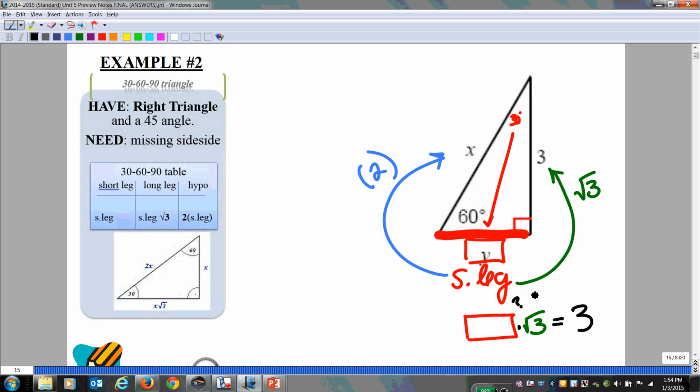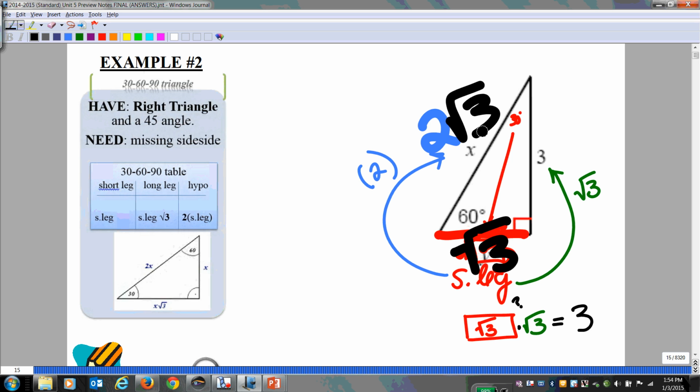Any radical times itself unlocks the radical. So our short leg here is simply going to be the square root of 3. And then when we times that by 2 to get the hypo, it's simply 2 times the square root of 3. Ta-da! You're done. Really, that's how hard that gets.